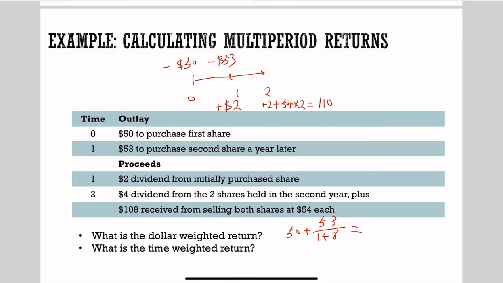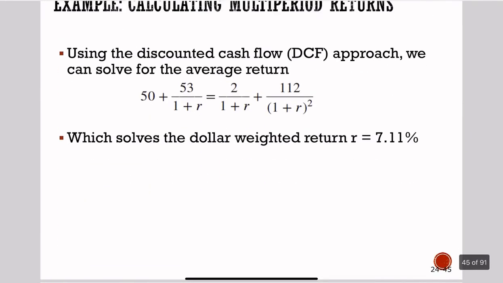What is your cash inflow? Well, you have the cash inflow at the end of the first year, so it's 2 divided by 1 plus r. And then at the end of the second year, it would be 110 divided by 1 plus r squared. And this will solve r equals 7.11%.